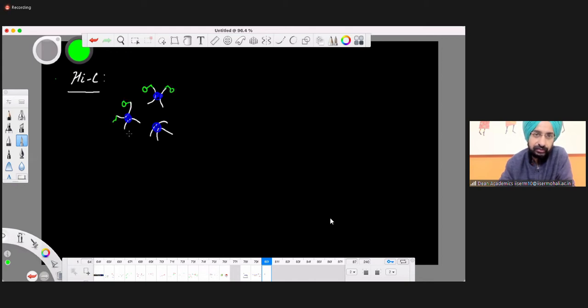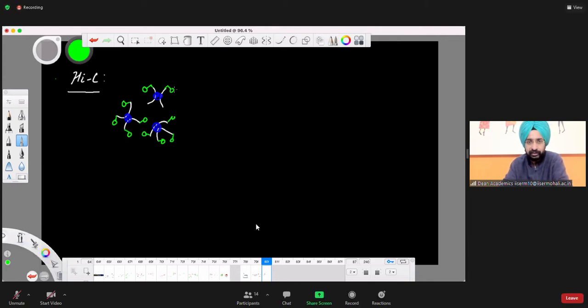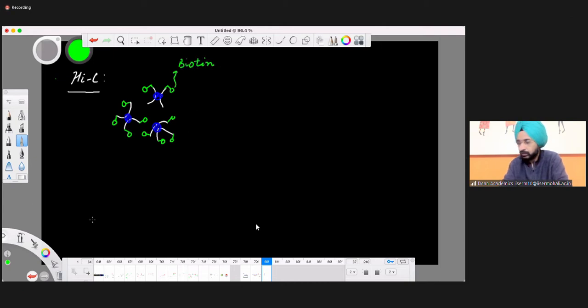So biotin in green color, we are having biotin. Okay, you can have small adapters with biotin labeling. And then you can do the ligation, followed by the usual ligation thing.